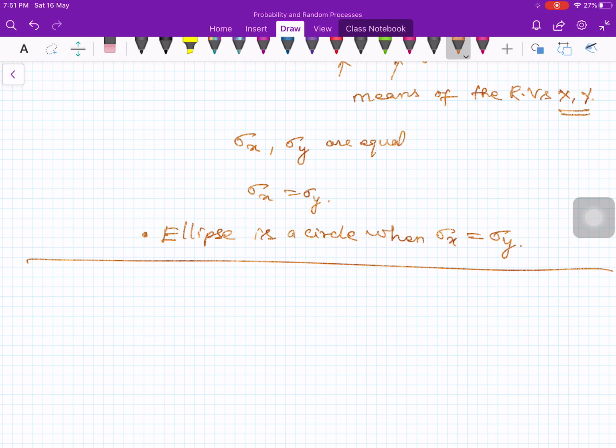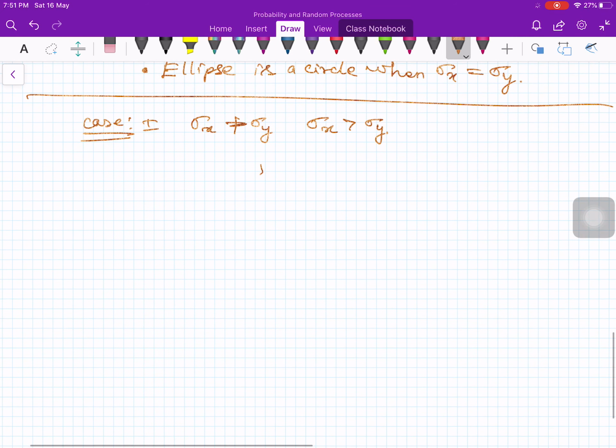So now let us take some 2-3 cases. Case 1. In case 1, sigma x is not equal to sigma y, and sigma x is greater than sigma y. In that case, you will get an ellipse like this.